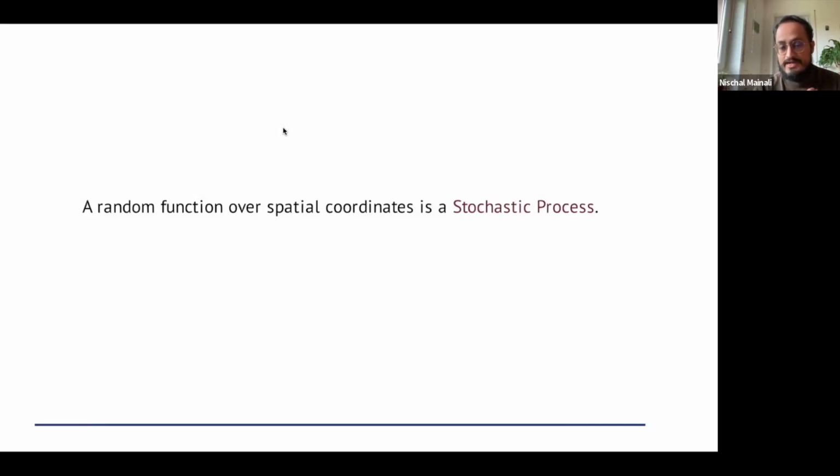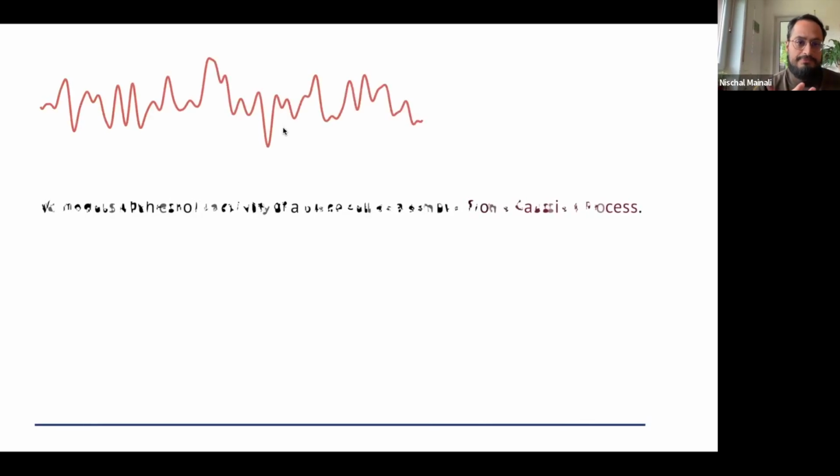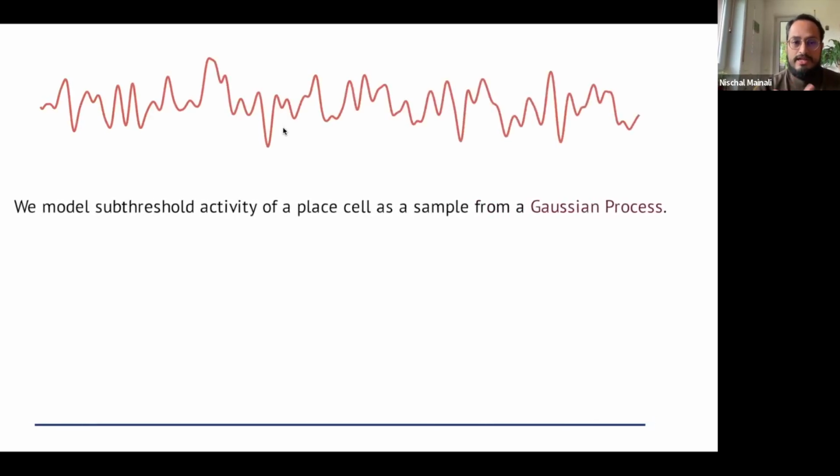I'm talking about a random function as a function of spatial coordinate, that is the location the animal is in, and it gives rise to the spatial code of a given place cell. So I'll make it more precise now. In particular, we model the subthreshold activity of a place cell as samples from a Gaussian process.